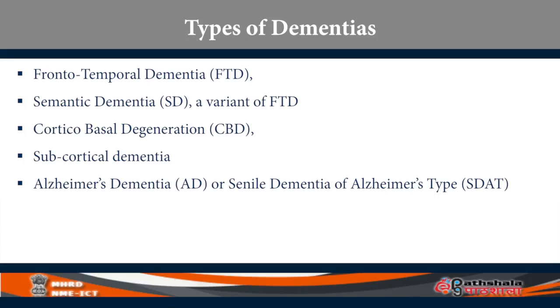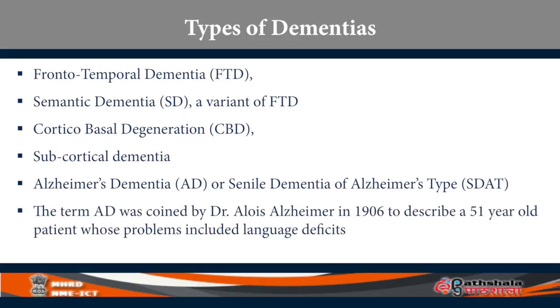In literature, you might find the word SDAT, which is basically Alzheimer's, but it is an abbreviation for senile dementia of Alzheimer's type. The term AD, that is Alzheimer's, was coined by Dr. Alois Alzheimer in 1906 to describe a 51-year-old patient whose problems included language deficits.